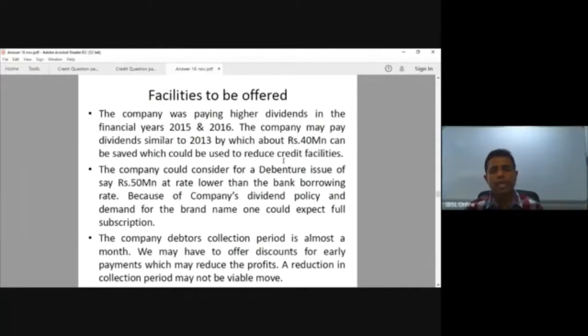We may have to offer a discount for early payment, which may reduce the profit. A reduction in collection period may not be a viable move. Right. If we encourage our debtors by giving a discount, they may pay early, but when you are giving a discount, it will reduce the profit as well. That is an option to consider.